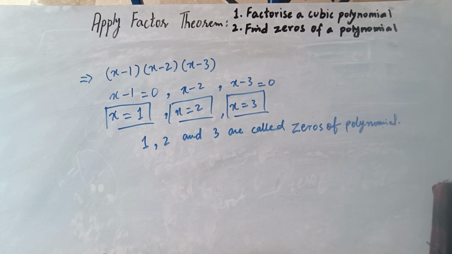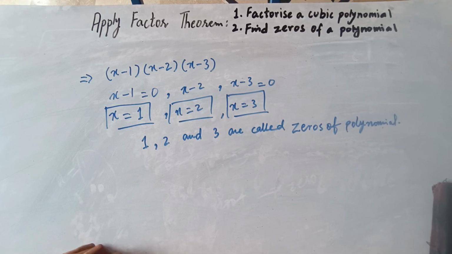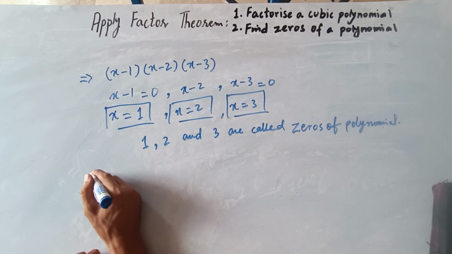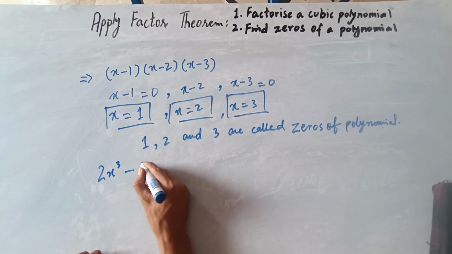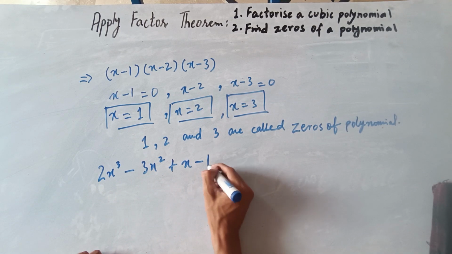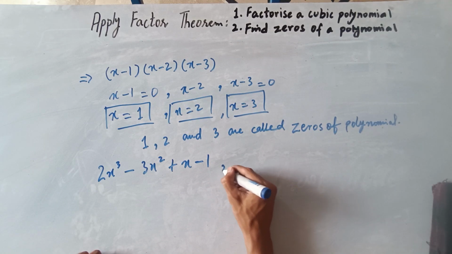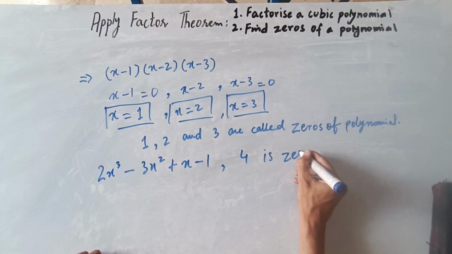For example, if we say that the zero of the polynomial is 2. For example, there is a polynomial 2x cube minus 3x square plus x minus 1, and we say that 4 is a zero of this polynomial.